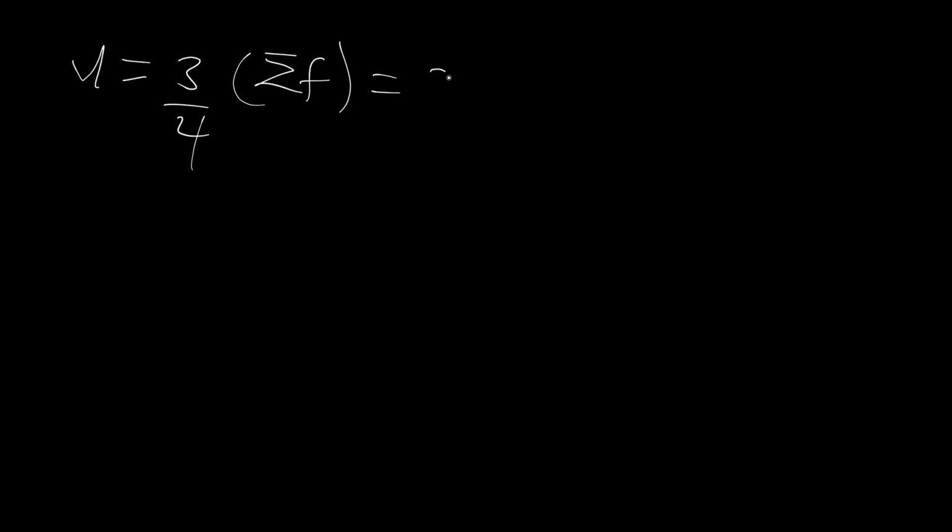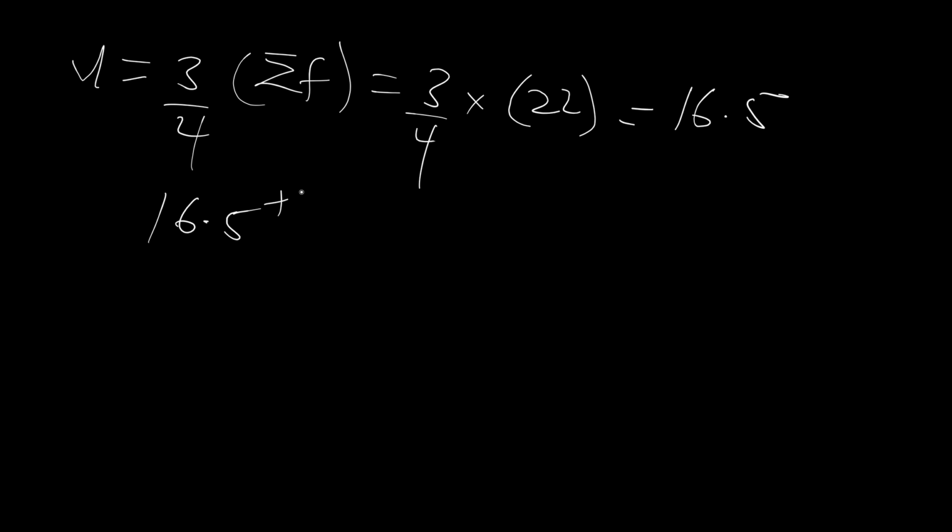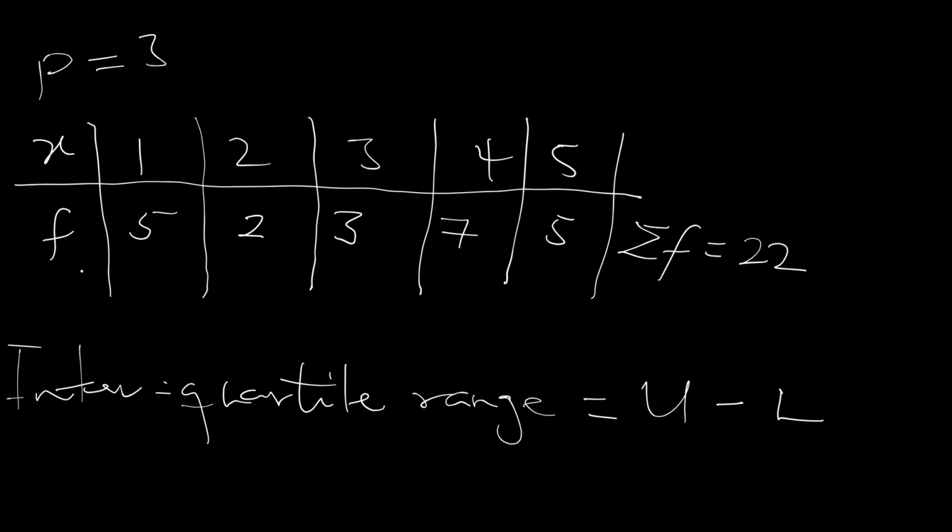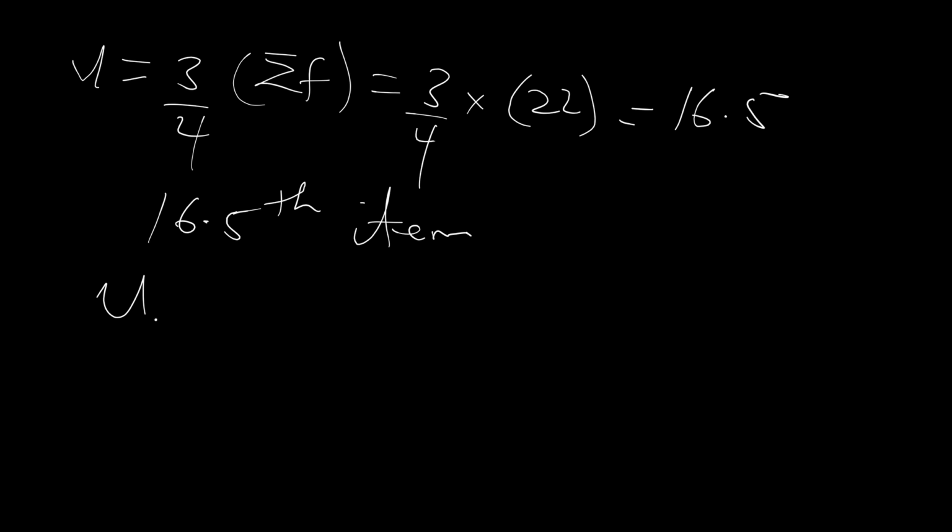So this will be 3 over 4 times 22, and this will be equal to 16.5. So our upper quartile will be the 16.5th item. And from our table, the 16.5th observation or item is 4. And so our upper quartile is 4.